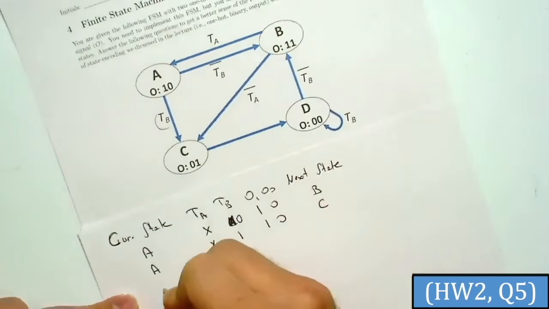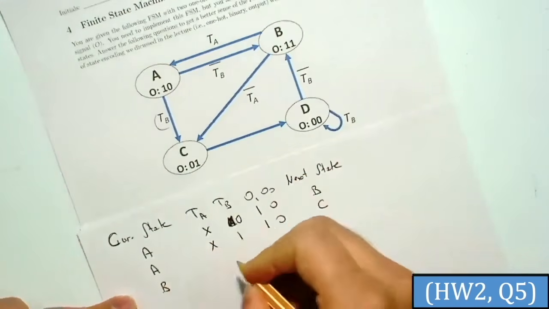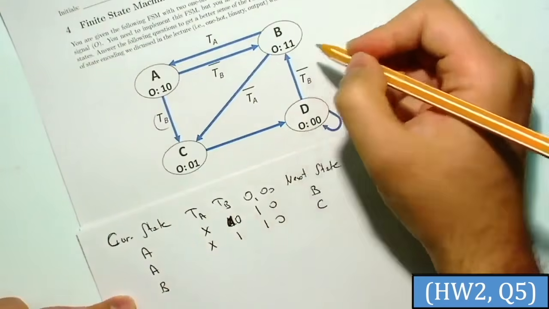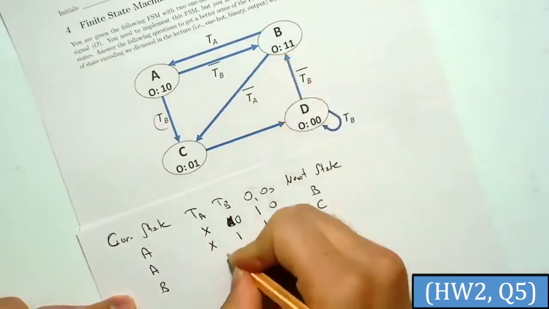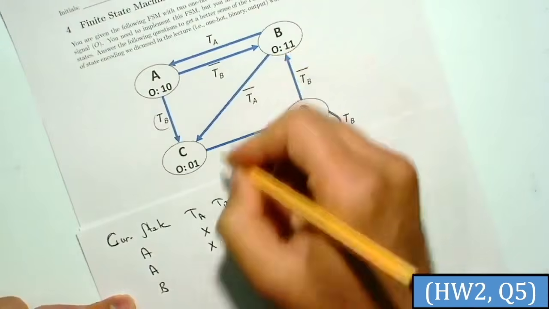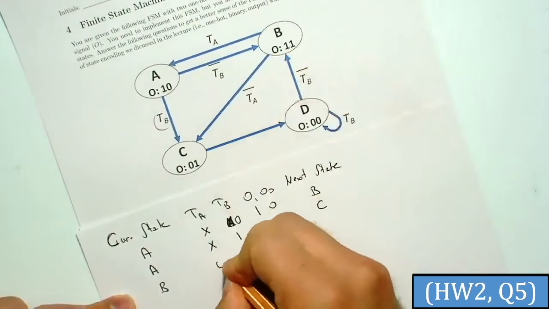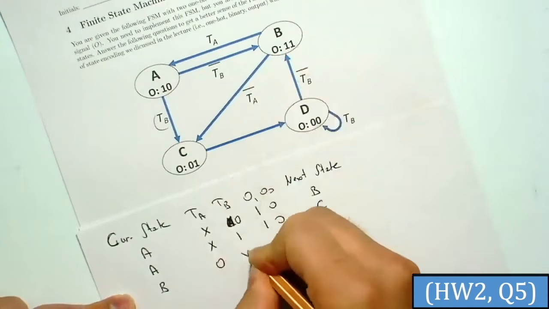For state B, if I have 0 for TA, then I'll visit C, and this means 0 and don't care for TB.